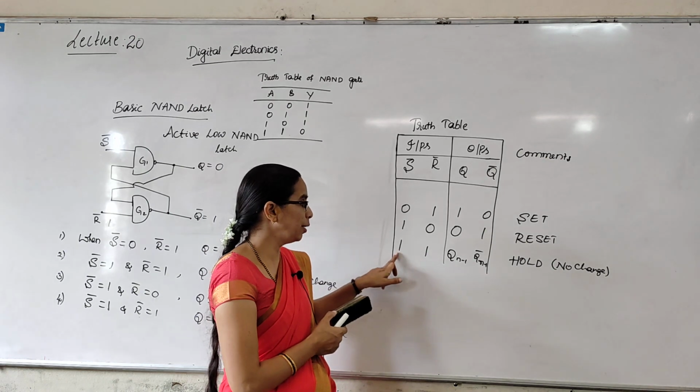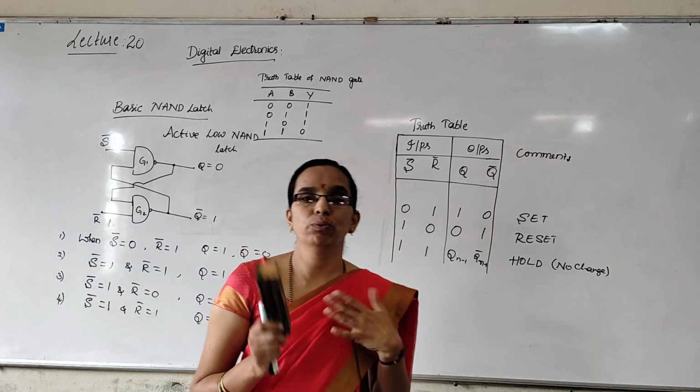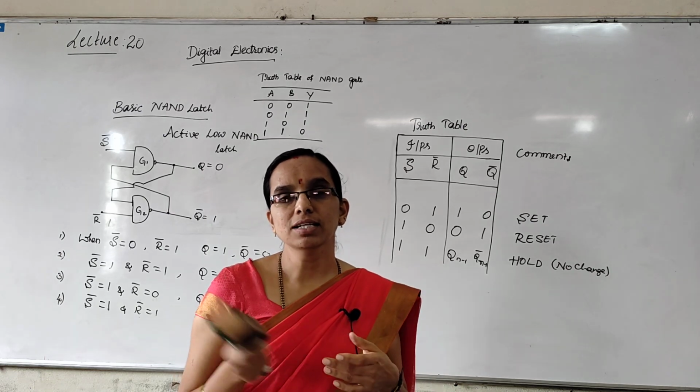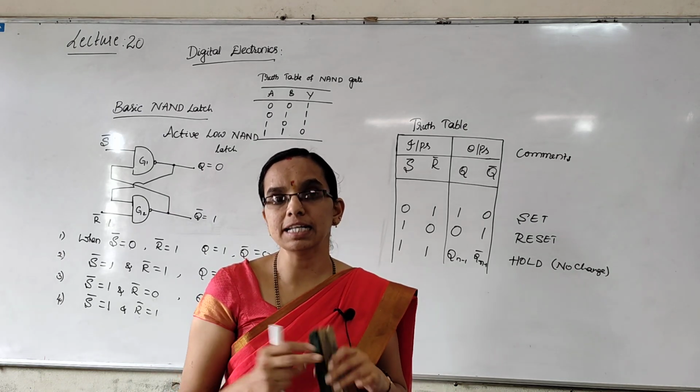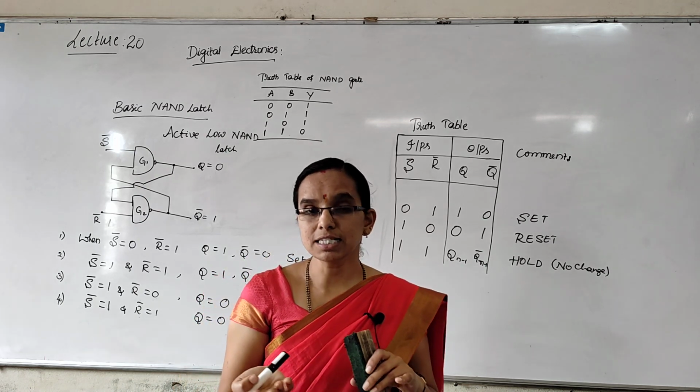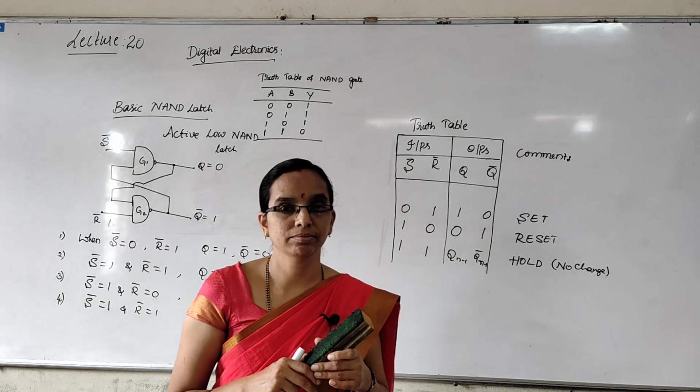Whenever I made both 1 1, it remained in the previous state. If you want to retain it in set state, set it and make both inputs 1 1. If you want to keep it in reset state, reset it and make both inputs 1 1.